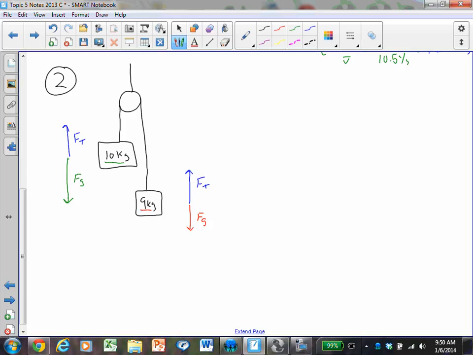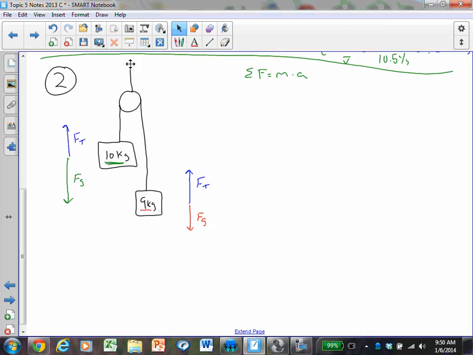So you have two sum of the forces here. You got one for the 10 kilogram and another one for the 9 kilogram. What's the winner and loser for the 10 kilogram?